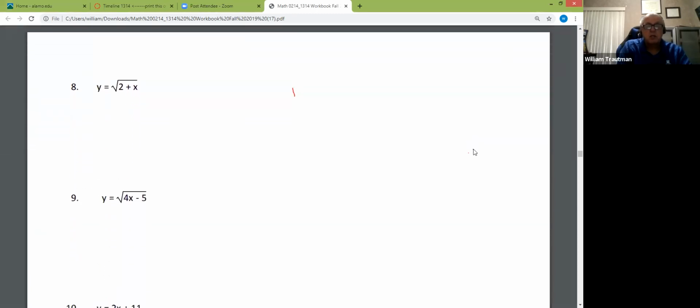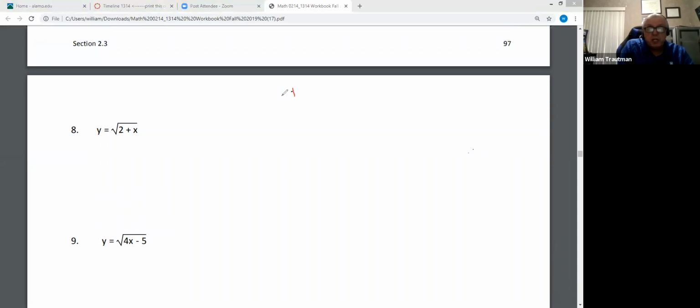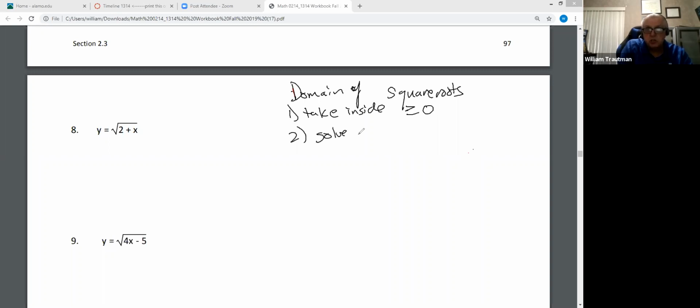So on this one, the domain of square roots: Step 1, take the inside and make it greater than or equal to 0. Step 2, solve for x. Step 3, graph it. Step 4, domain and range.